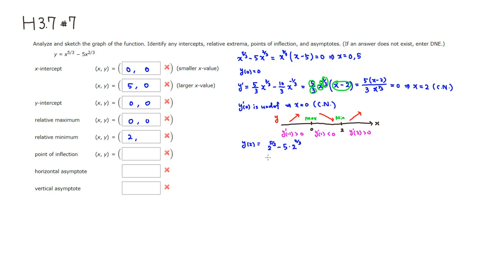Maybe we should rewrite it. This is the same as 2 times 2 to the 2/3 minus 5 times 2 to the 2/3. So we can write it as negative 3 times 2 to the 2/3. So let's type it in.